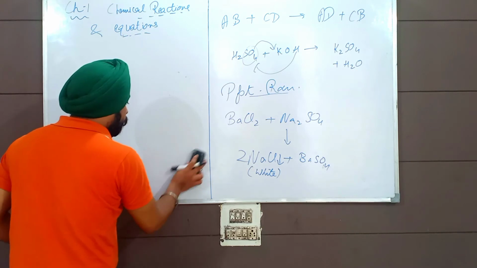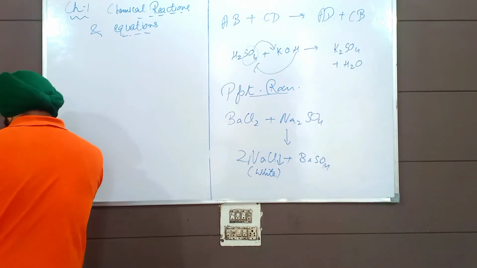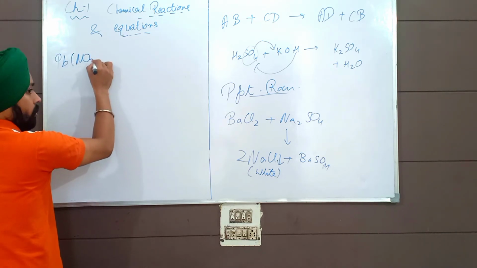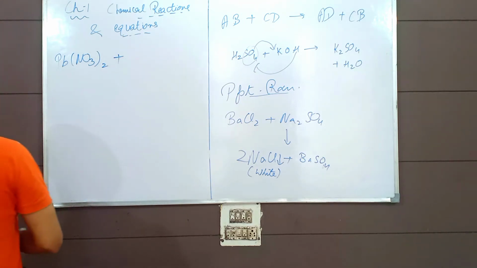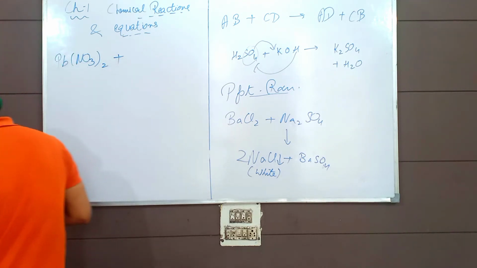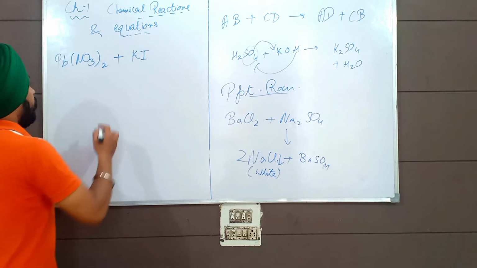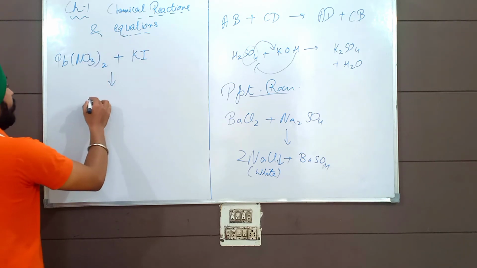And the other one, this we have done: if lead nitrate reacts with potassium iodide, double displacement will take place.